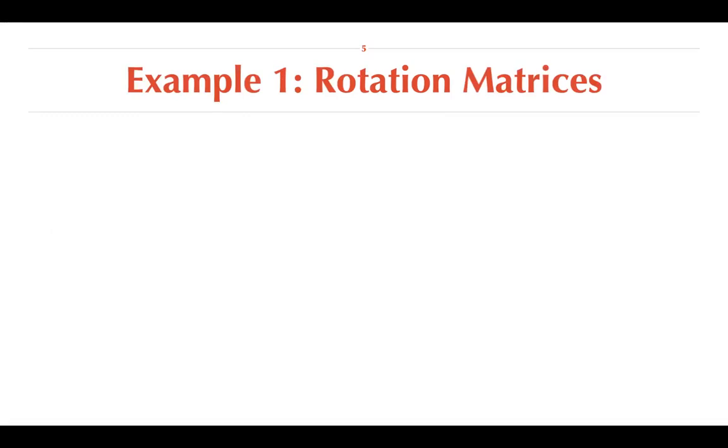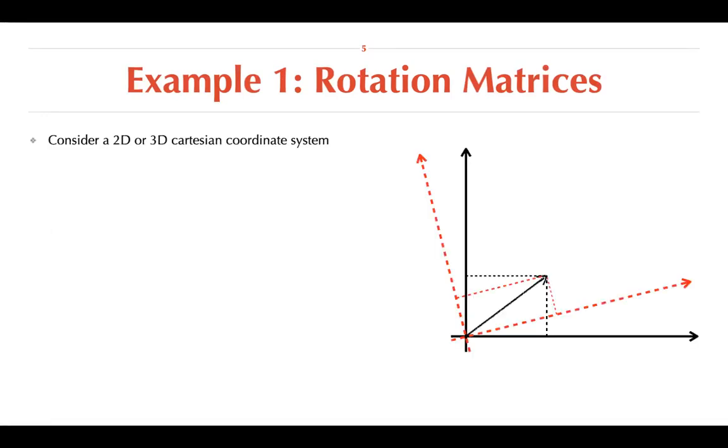One example is the rotation matrix. It can happen in either a 2D or 3D system, but let me take a simple example of the 2D coordinate system. Let's say this is your original coordinate system, and this is the vector you are interested in, and you rotate the coordinate system like this. The red one is the rotated coordinate system with respect to the black, the original one. Then the coordinates of this vector in the two coordinate systems would be x, y and x prime, y prime.